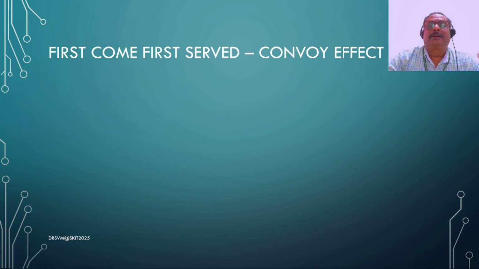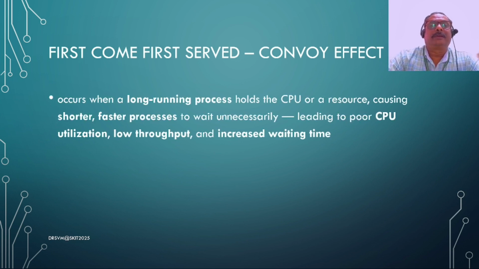So looking at the convoy effect, it occurs when a long running process holds the CPU or a resource, causing shorter, faster processes to wait unnecessarily for a very long time. This is going to lead to poor CPU utilization, very low throughput, and definitely very high waiting time. What is happening here is that the first process itself is taking very long time to run, and it is holding the CPU or a particular resource.